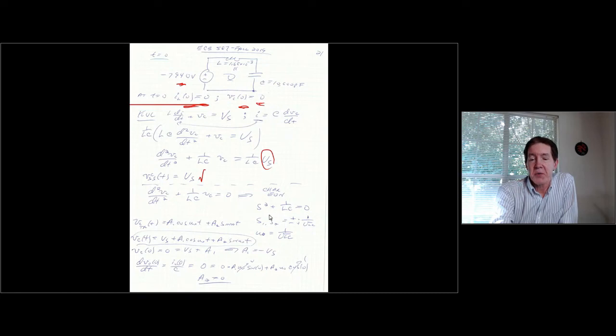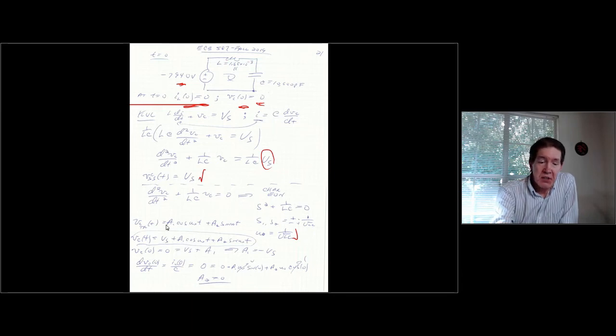So you have s1 and s2, the roots, plus and minus j times 1 over the square root of L times C. This 1 over the square root of LC is the natural frequency. This is the frequency of the transient. And we know that the form of the transient for this particular case is A1 cosine omega naught t plus A2 sine omega naught t.